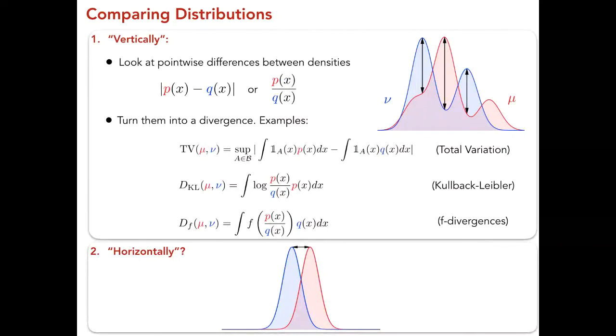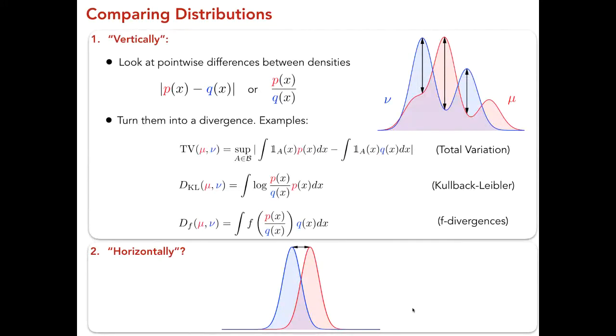Like for instance, if we look at those two distributions, then from a vertical perspective, so according to total variation or divergences in general, they're pretty dissimilar because, well, at this point here and at this point there, the difference between the densities, the pointwise difference is very large, right? But that's not how we compare them when we look at them, because what we can see is that they're essentially the same distribution that's just been shifted, right?